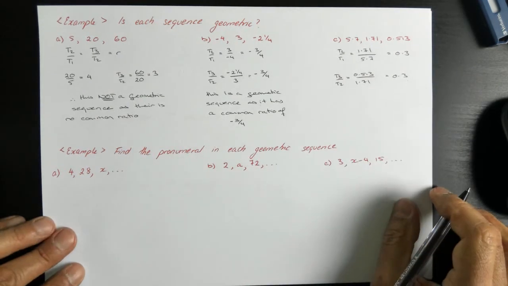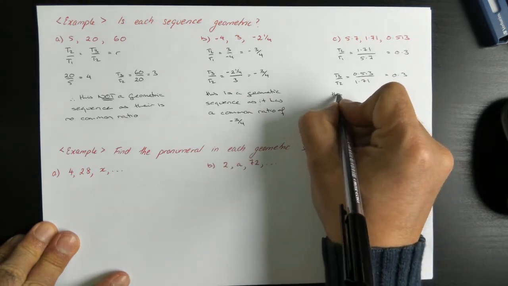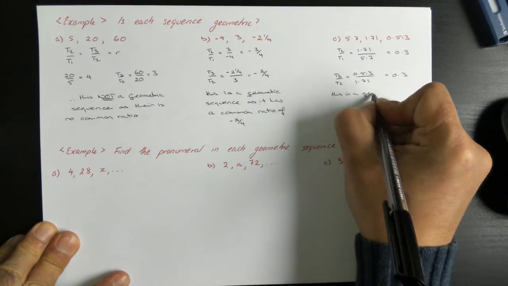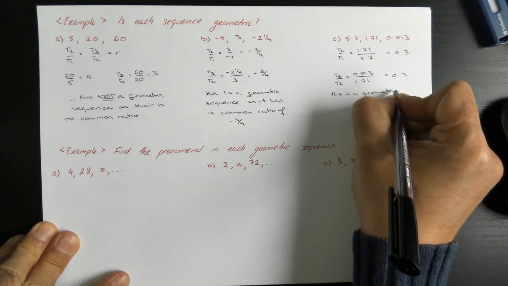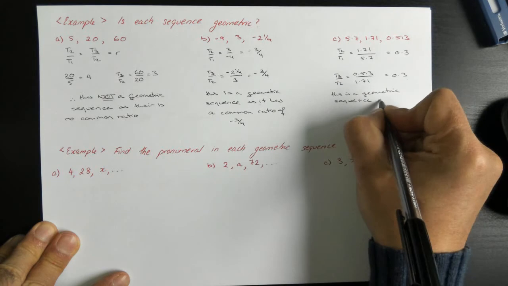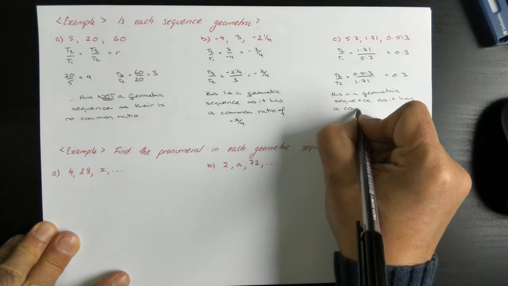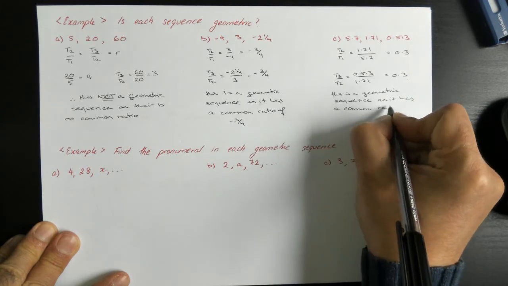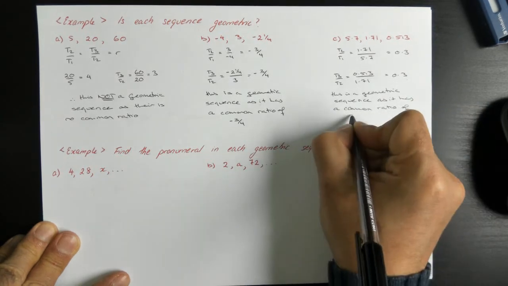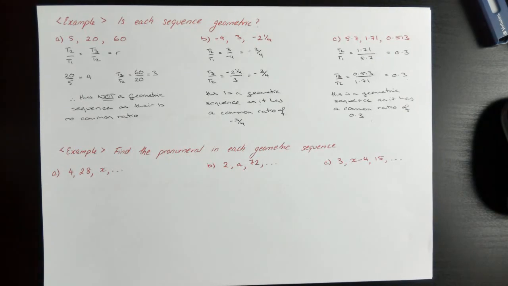Okay, so as these are the same, this is a geometric sequence, as it has a common ratio of 0.3.